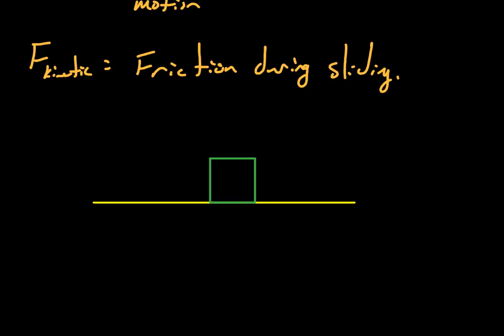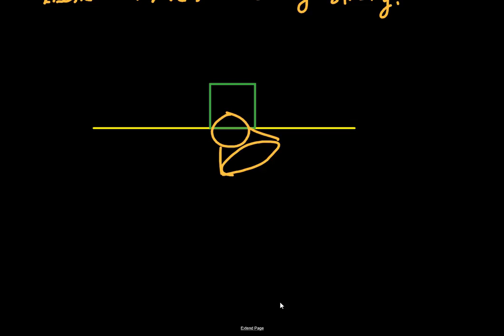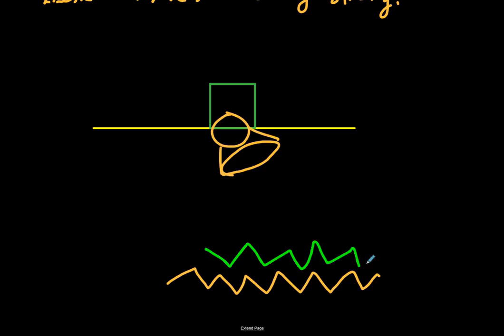If we were to zoom right in on the two surfaces with some kind of powerful microscope, we would find that although appearing smooth from a macroscopic scale, at its microscopic scale, all surfaces are rough. And so you can imagine that you have all these little pits and valleys interacting here. And not only that, there's electrical forces going on here.